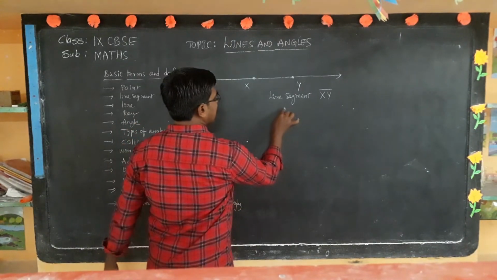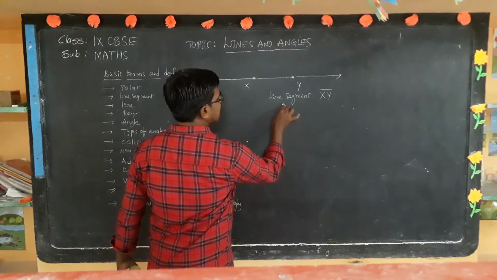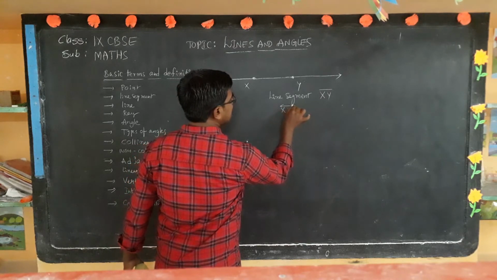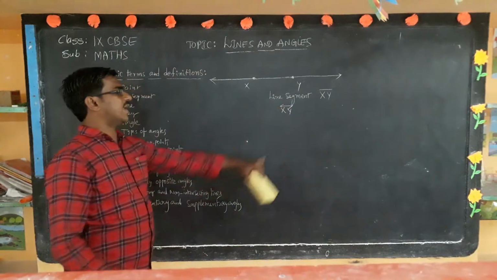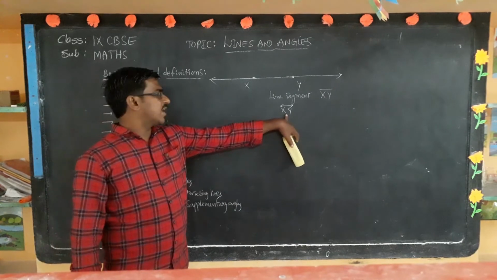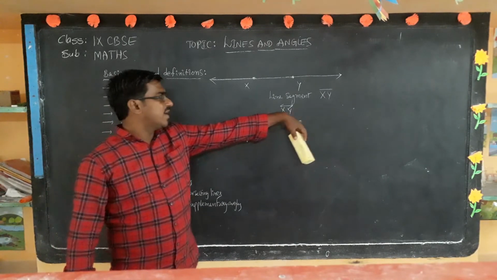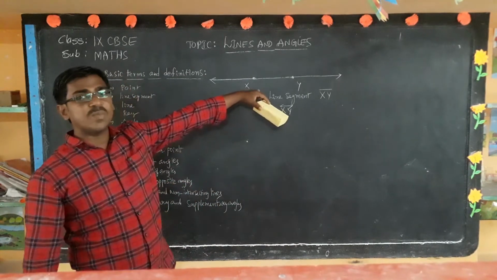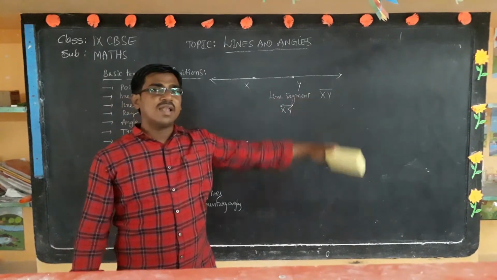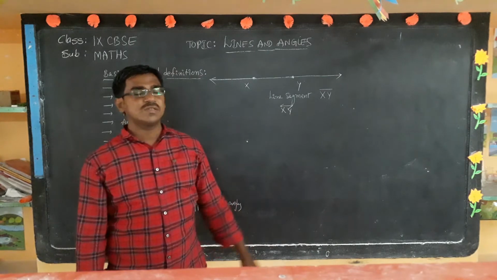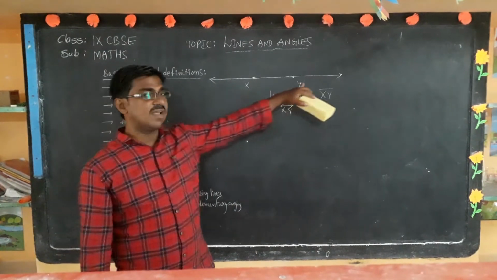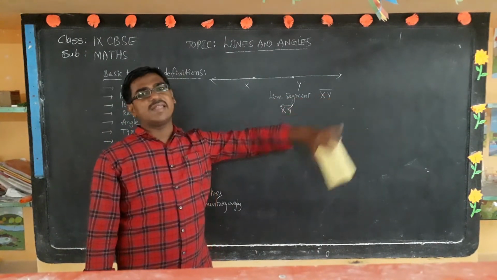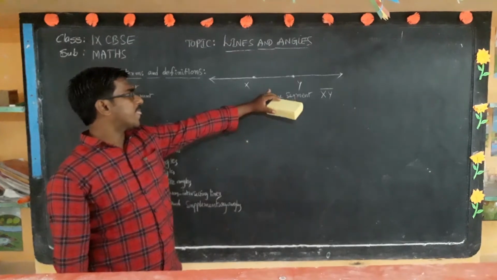It is represented by writing the points X, Y with a symbol on top. Here XY is a line, whereas earlier XY was a line segment. A line does not have endpoints, because we extend it endlessly in both directions.